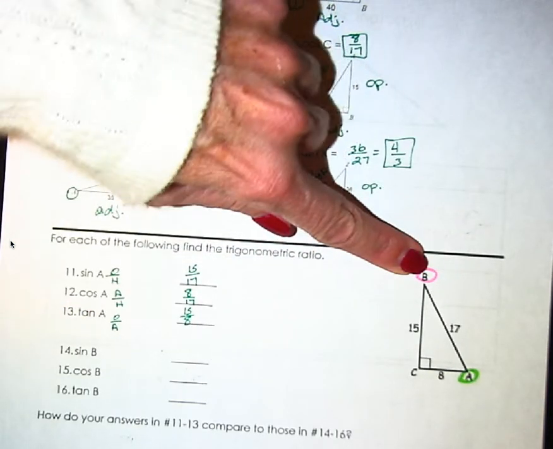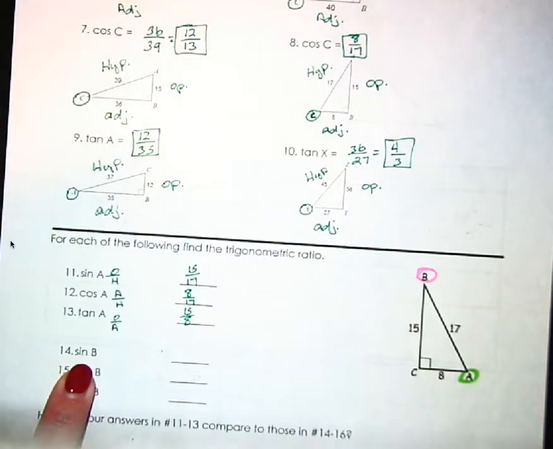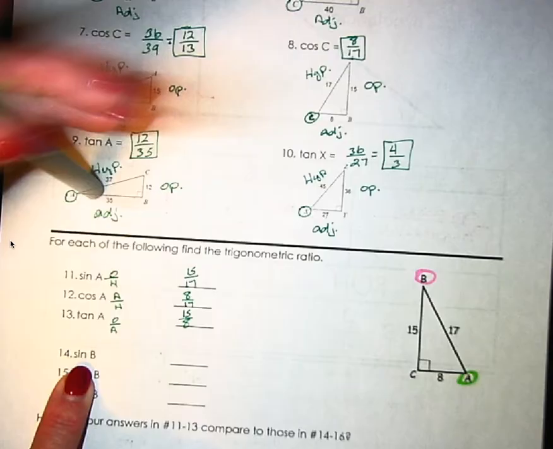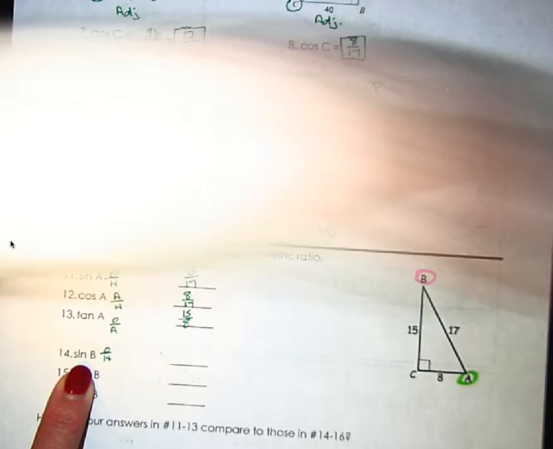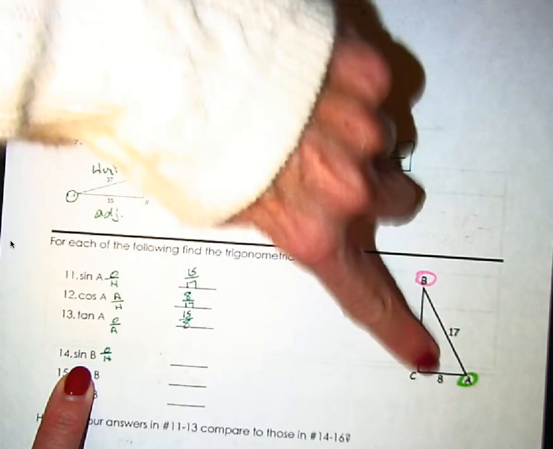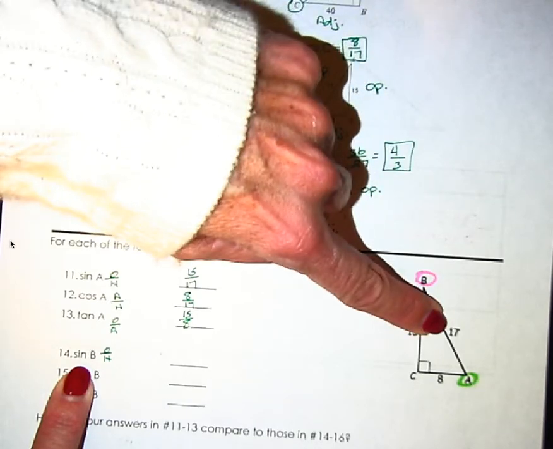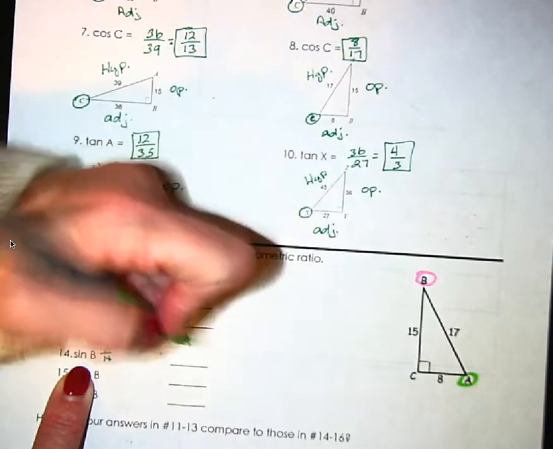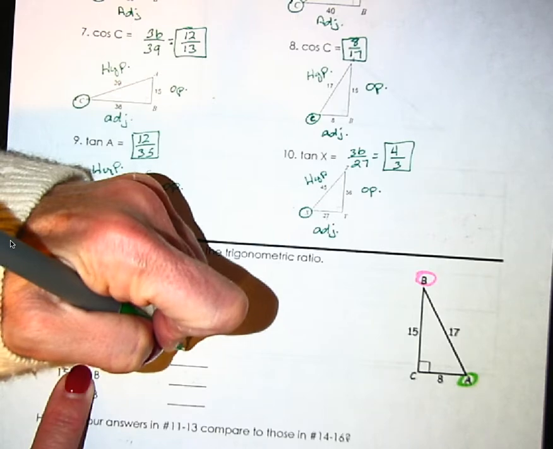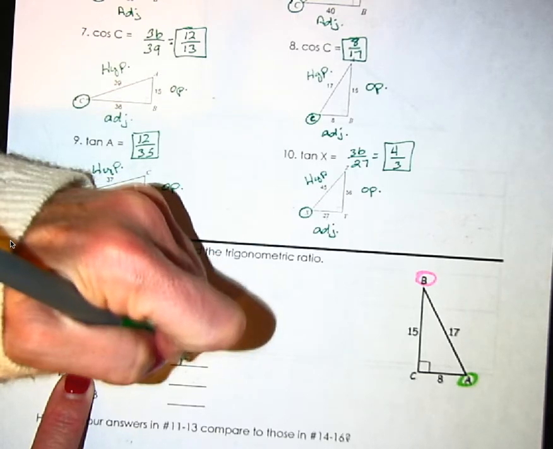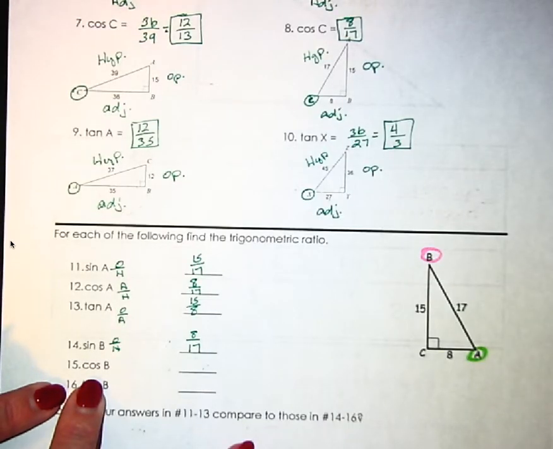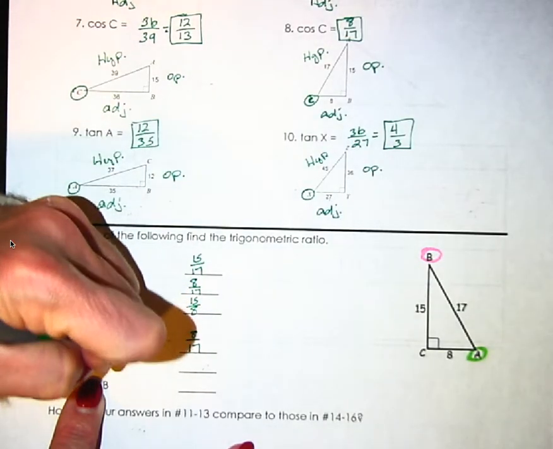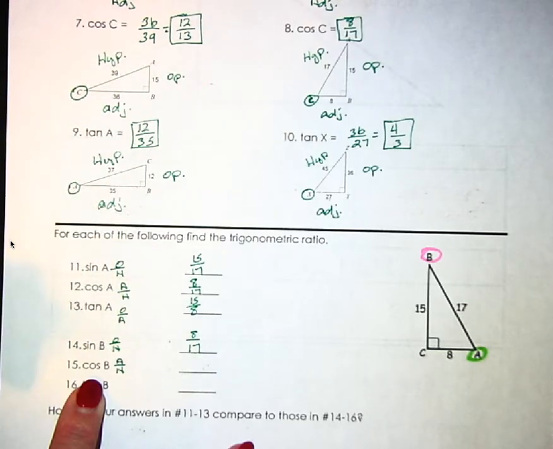So if I look at B and I want sine, and remember sine is opposite over hypotenuse, what is opposite of B? 8. What is the hypotenuse? 17. So now the sine of B is 8 over 17. The cosine of B is going to be adjacent over hypotenuse.